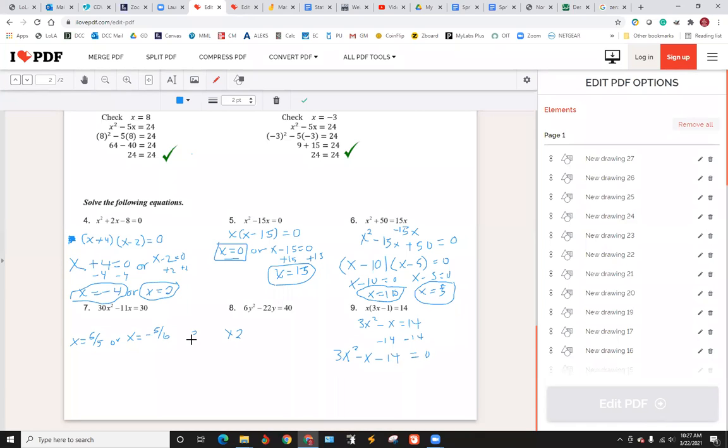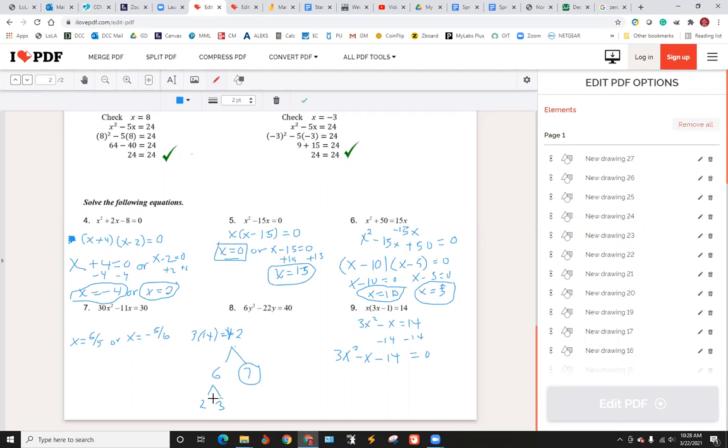So 3 times 14 is equal to 42. All right, 42. So factors of 42 that have a difference of 1, well, there's really only three factors. There's 6 and 7, and 6 breaks down to 2 times 3.